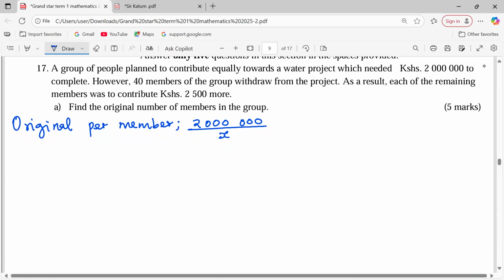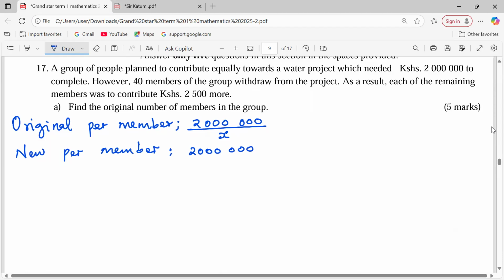Then that means now after the withdrawal of 40 members, we have the new amount per member. The new amount per member is going to be, remember, they are still going to raise the 2 million, though they are fewer now.